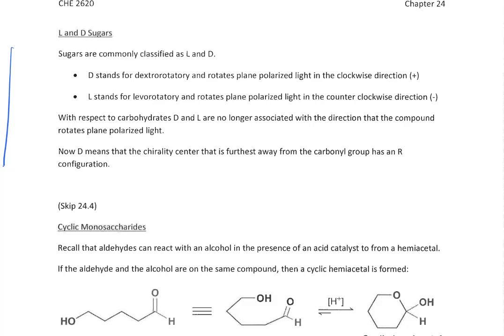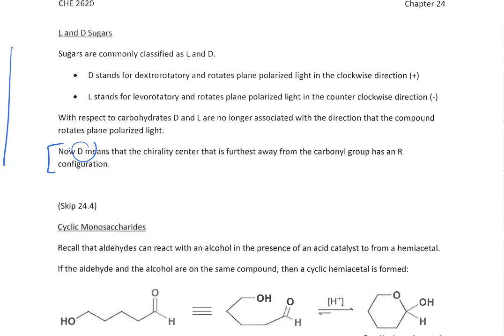Originally, Emil Fischer had said that the D and L configurations are really defined by the chirality center furthest away from the carbonyl group. Having an R configuration would be D, and having an S configuration would be L. So for example, let me draw that out.